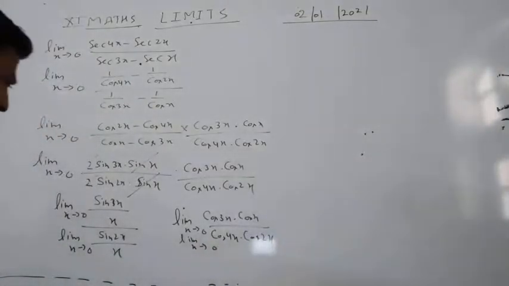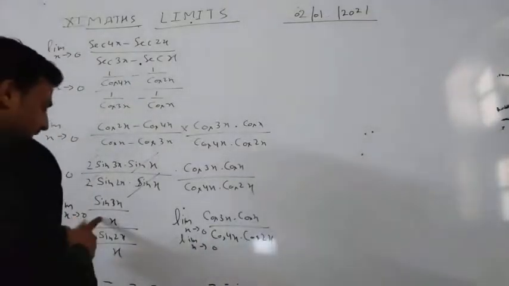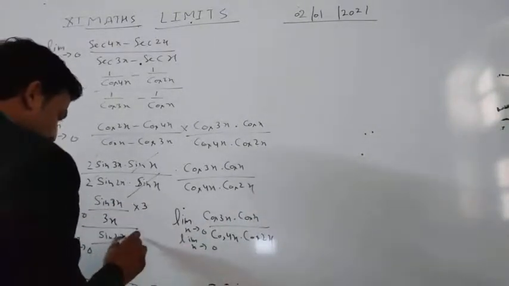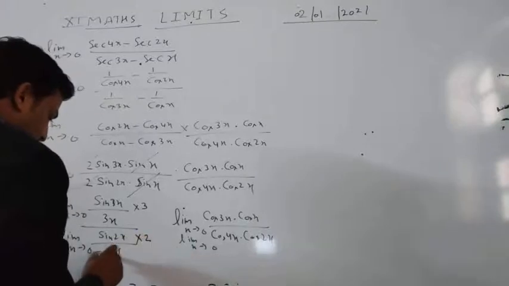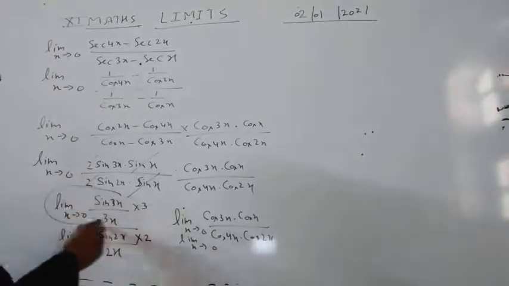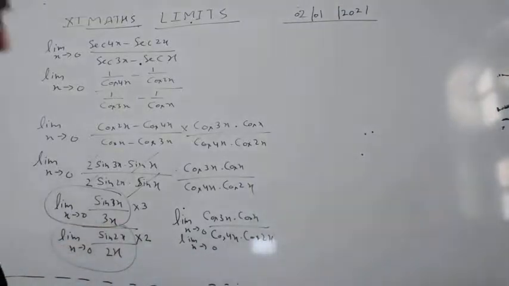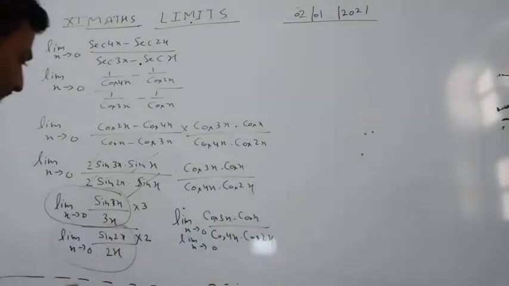Now student, for making the formula, we will multiply here with 3 and here with 3, multiply with 2 and here 2. Now we are seeing that this part is our identity. Okay, this part is our identity.